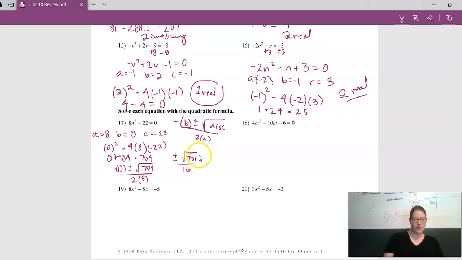Now we're going to break 704 down. Let me quickly just make sure that that's not, okay. So 704, let's divide that by 2 first. So 2, which is prime, times 352.